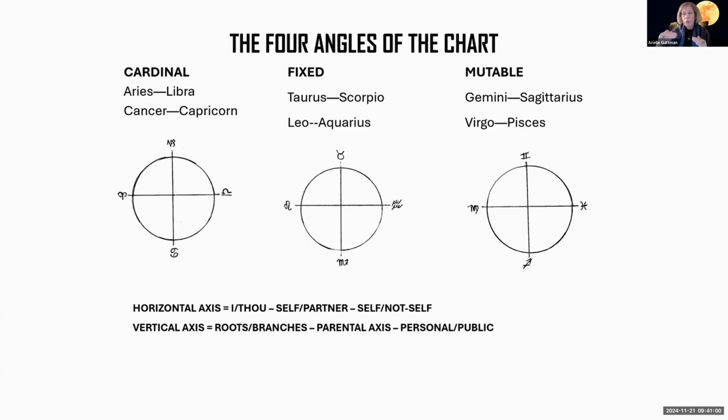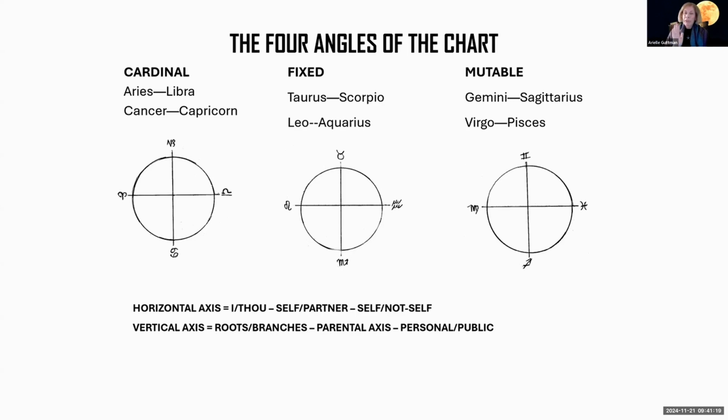Ascendant descendant planets are always sort of serving that relationship, or how you feel you are doing in relationship to other people, how they see you, how you see them.